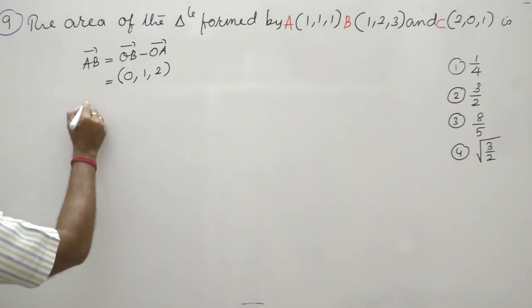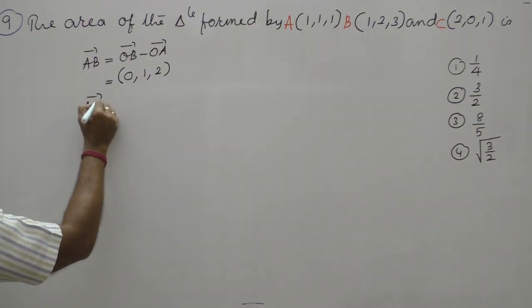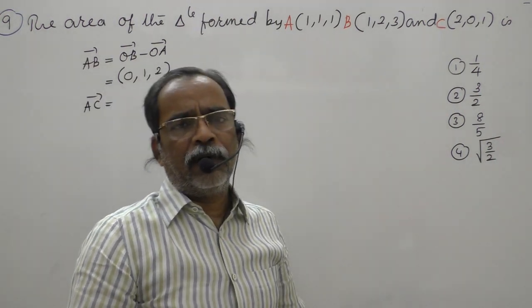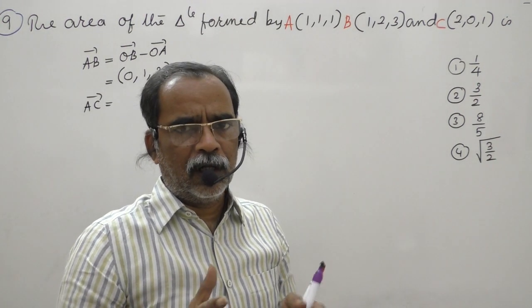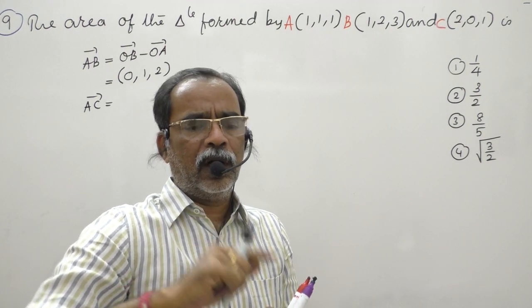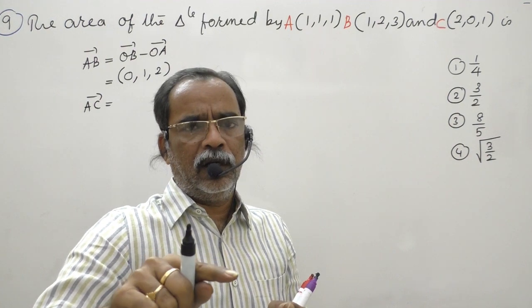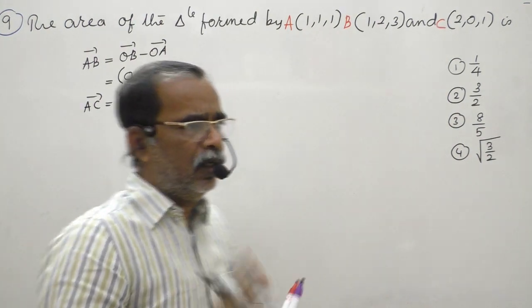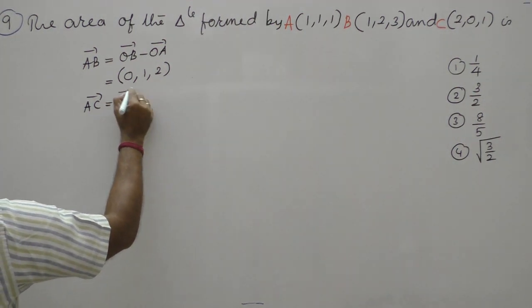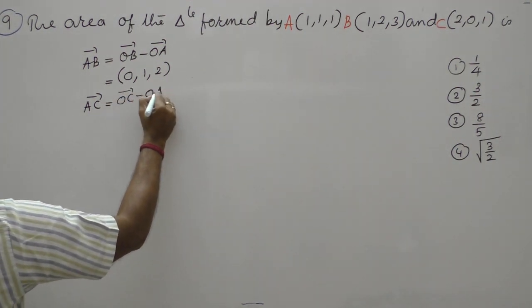A vector can be expressed in i j k fashion or simply as a point. Next I will find another co-initial vector. When you are applying the area of a triangle in vector algebra, the two vectors must be co-initial, like AB cross AC or BC cross BA. Like that you should take. What is AC? AC is OC minus OA.